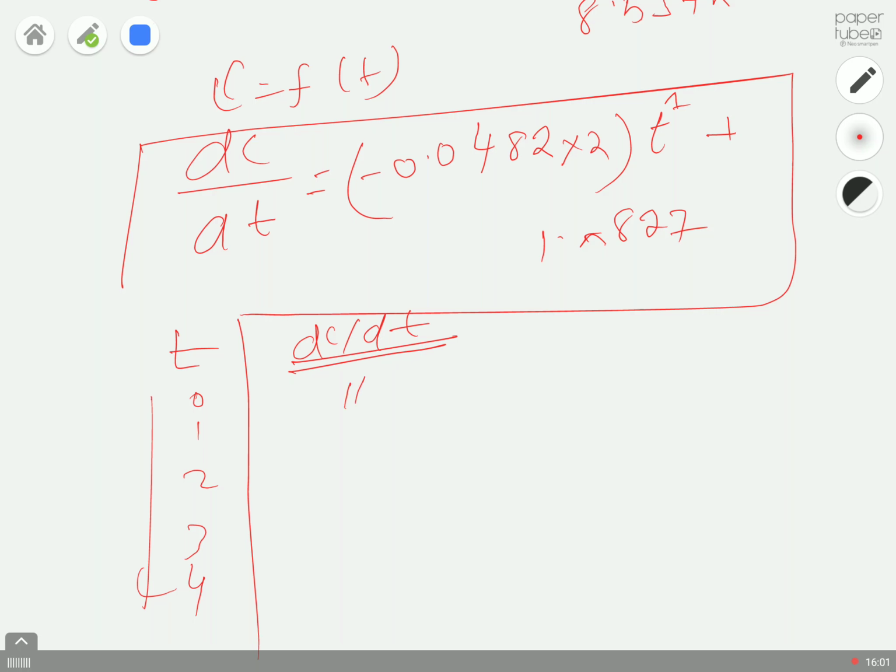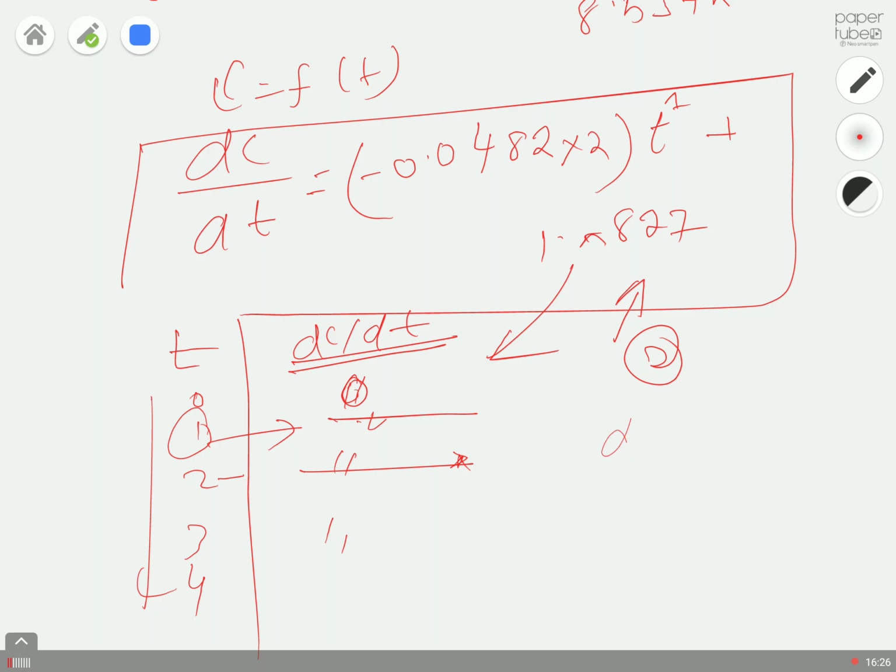Substitute t equal to 0 in this equation, then put t equal to 1 in equation 2, and whatever value you get, write it here. Then put t equal to 2, and write the dc by dt value here. That's how you get your dc by dt from this problem. It's not a difficult one, you can do it easily.